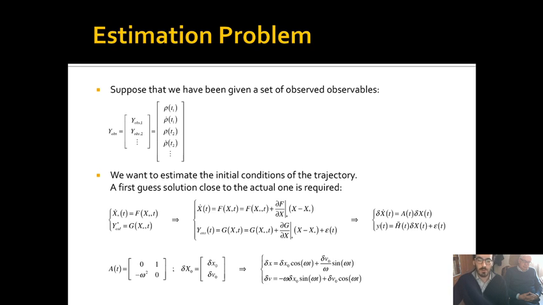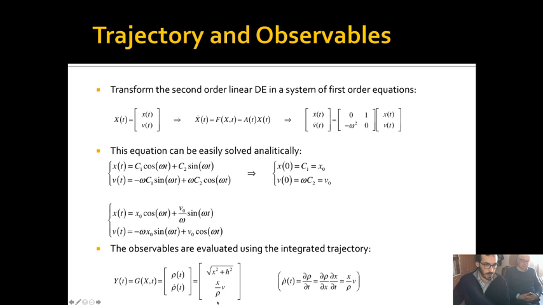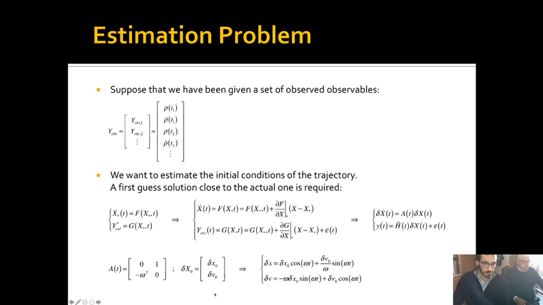Okay, how do we compute h tilde? It is written here. It's no other than the partial derivatives of g, the observables, with respect to the state. It is easy because here we have the expression of y. You just have to compute the derivatives of this with respect to x and v, and this with respect to x and v.